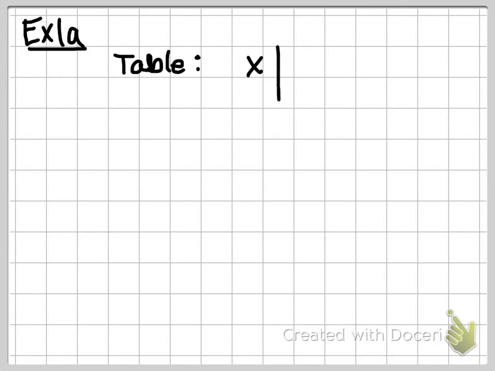I'm going to have you go ahead and do an example with this. Go ahead and practice graphing a quadratic function. So you're going to need to make a table of x, y, from negative 2 all the way up to 2.